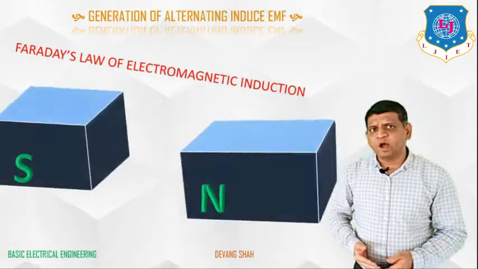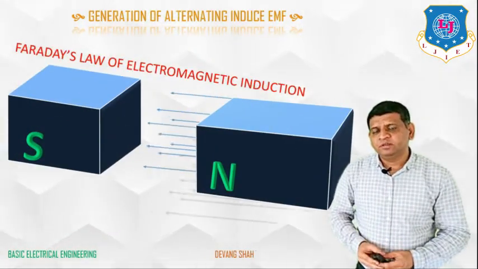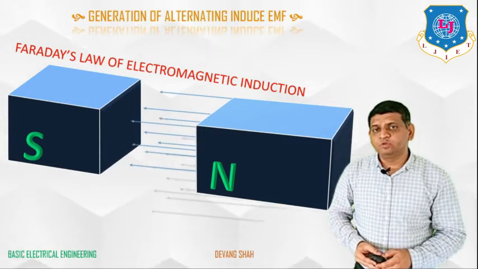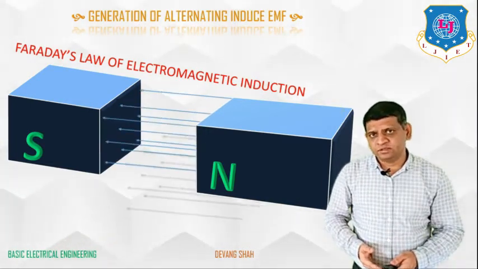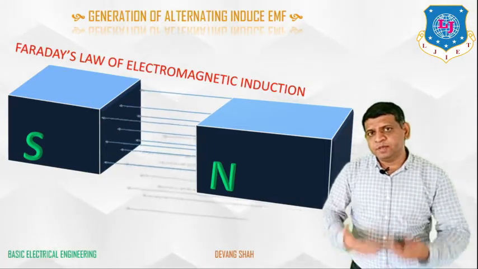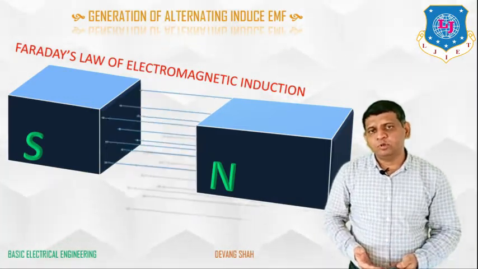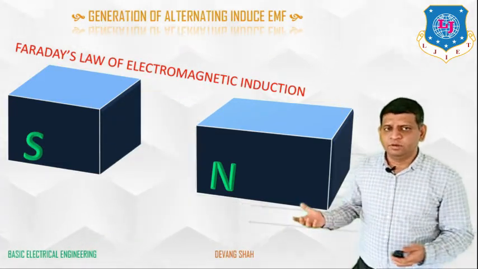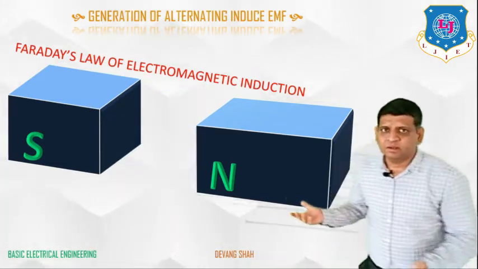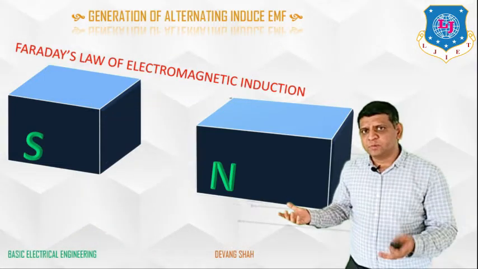Now you can check here how we can generate this alternating induced EMF. So let's discuss Faraday's law of electromagnetic induction. This is the principle behind the generation of electromotive force, or generation of an AC signal. Right, there are two magnets connected, with a space in between.